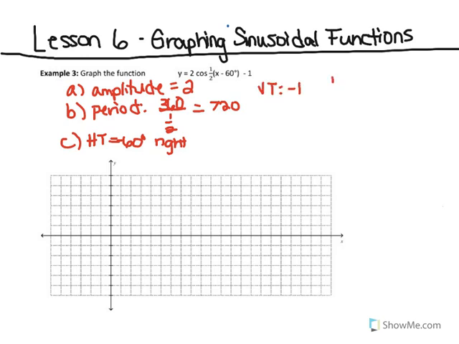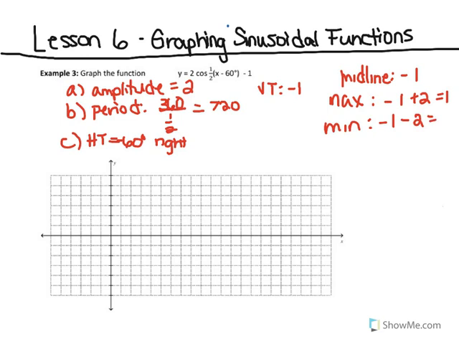So our midline is at -1. Our amplitude, or our maximum then, we use our amplitude, so we go -1 plus 2, which is 1, and our minimum is -1 minus 2, which is -3.